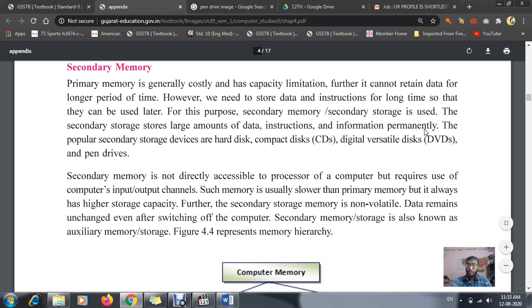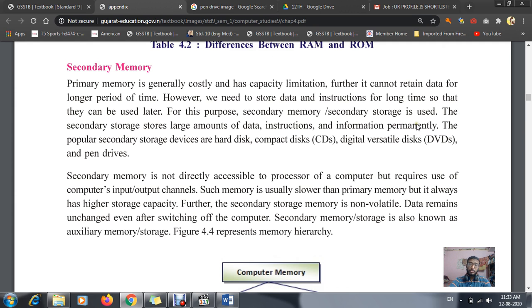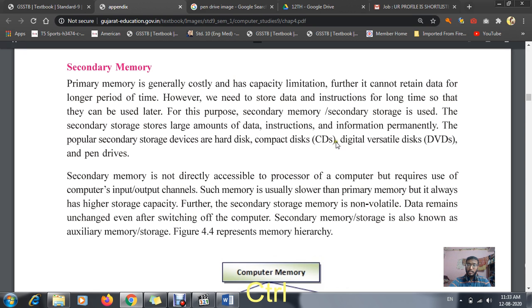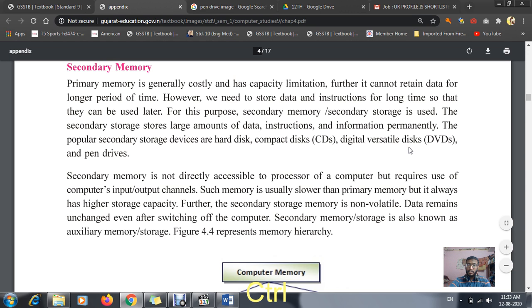Double underline this, permanently, whereas in your primary memory it is not stored for permanent purposes. And the examples you can underline: hard disk, CD and DVD, that is digital versatile disk, and pen drives.